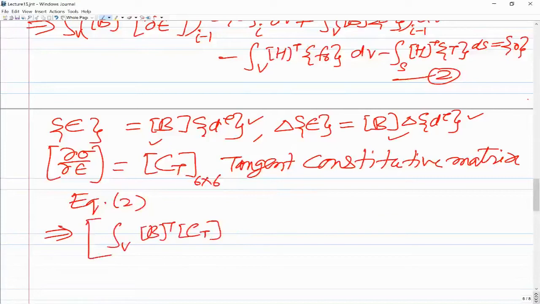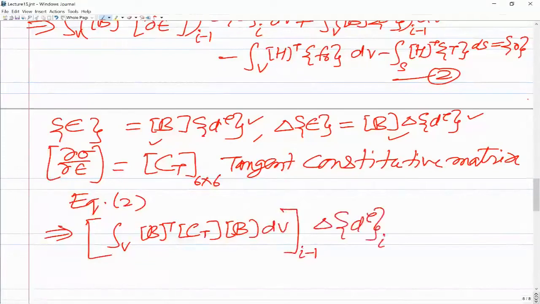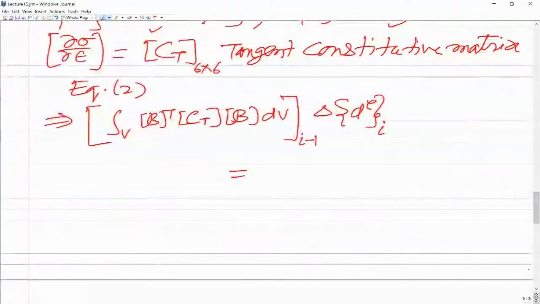Delta d can be taken out of the integration because that's the increment in the elemental degrees of freedom at the nodes, so it is independent of the integration variable. So we can write this as the integration over the entire volume of B transpose CT B, and this is what is known as the tangent stiffness matrix. This is evaluated at the previous iteration, and it multiplies delta d evaluated for the current, that is the ith, iteration. This will be equal to all the other terms taken to the right hand side.